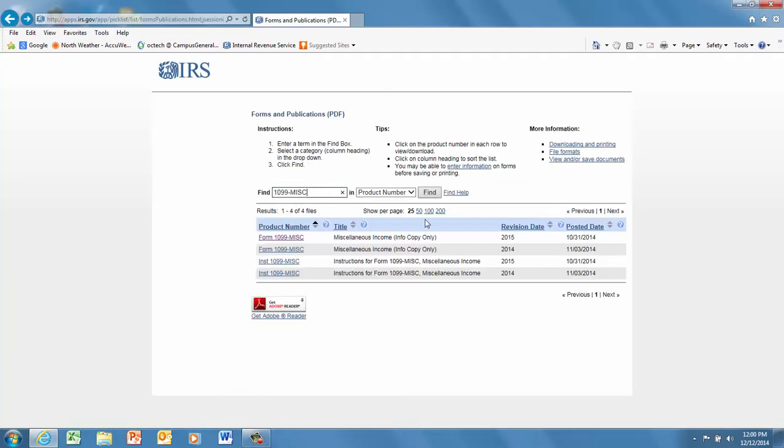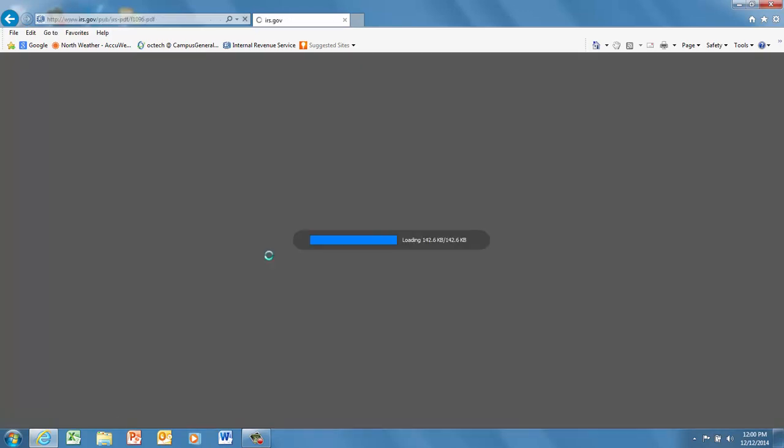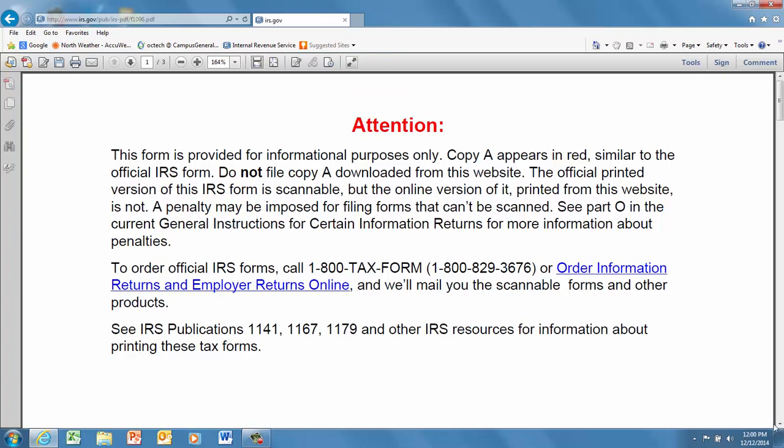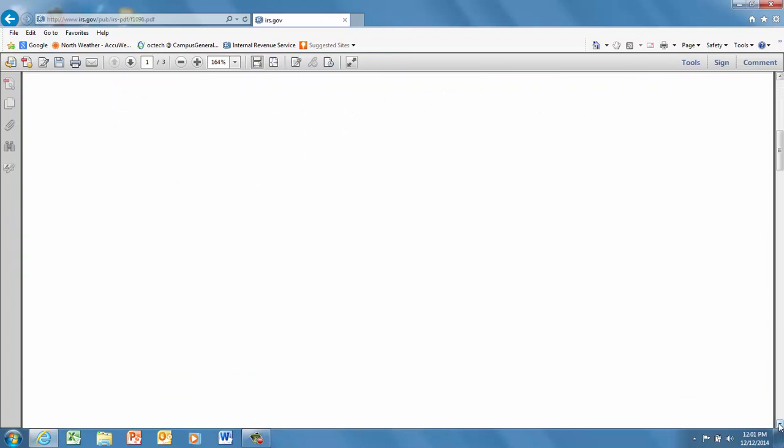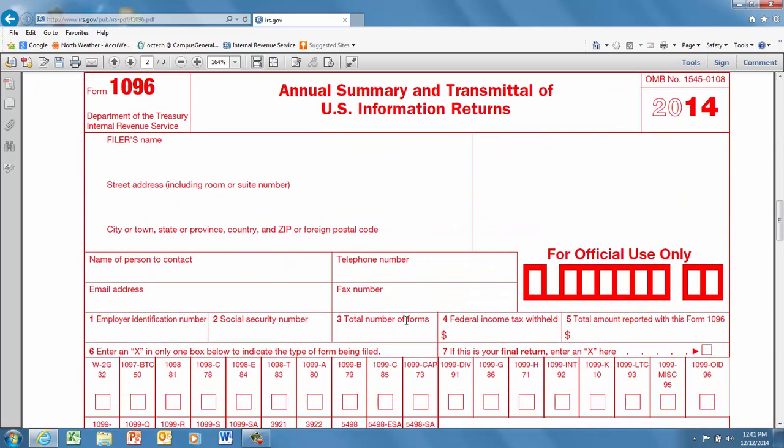Okay, then you're going to have the summary form that goes with the 1099s. If you have 6 1099s, you would make all 6 1099s. Then you're going to have one Form 1096. Again, this cannot be downloaded. Okay, this 1096 is just like the top form, and then all the 1099s that you filled out will be attached underneath of them.